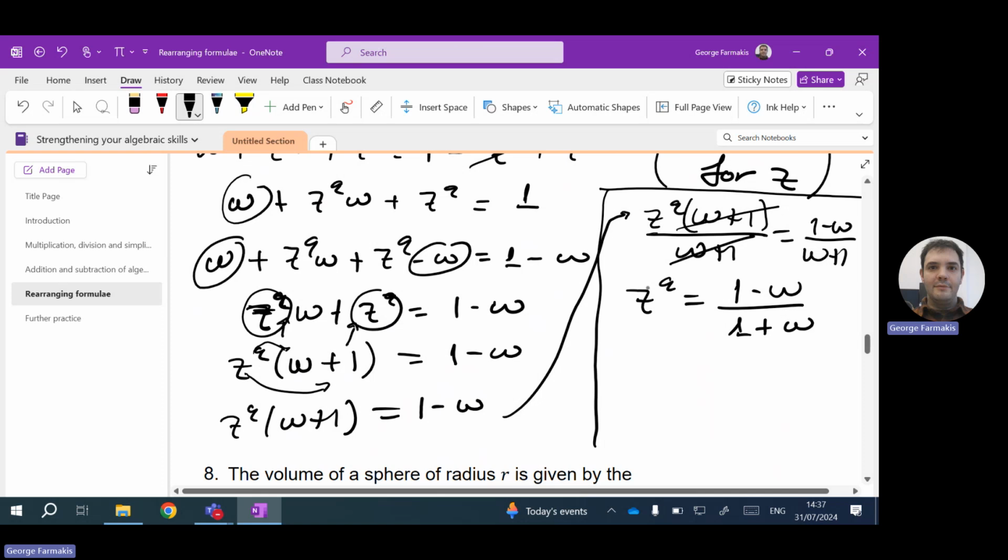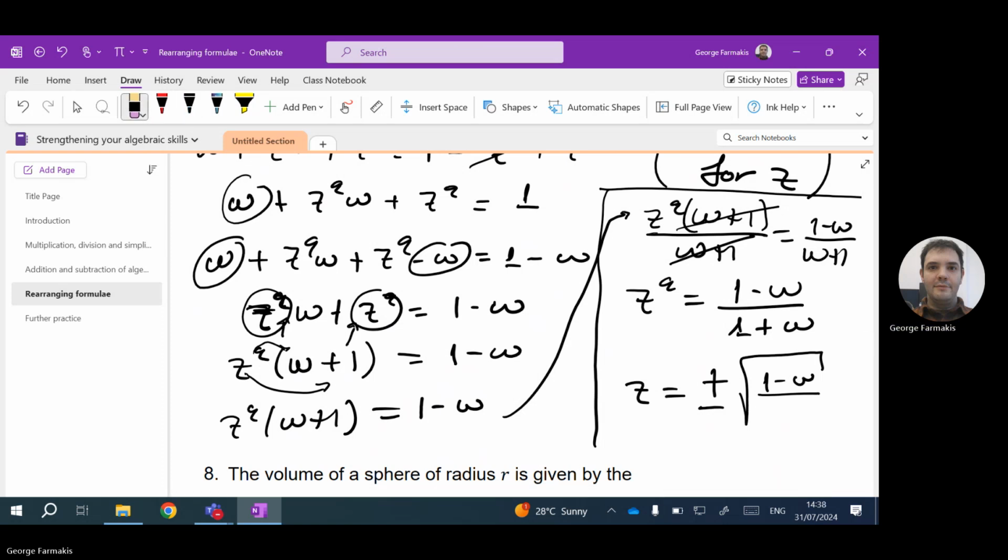Now, because z to the power of 2 is 1 minus w over 1 plus w, z can be either plus or minus the square root of 1 minus w. Wait a minute. So let me write it like this.